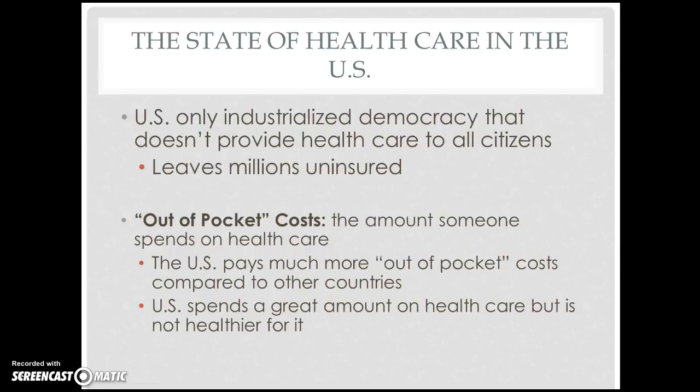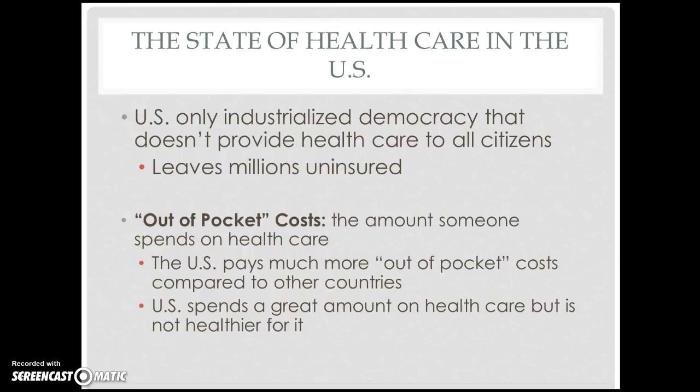Out of pocket costs refer to the amount someone spends on health care on top of what the insurance pays. You're still expected to pay a certain amount depending on the agreement. The U.S. pays much more out of pocket than anybody else in the world, especially in comparison to other industrialized nations.